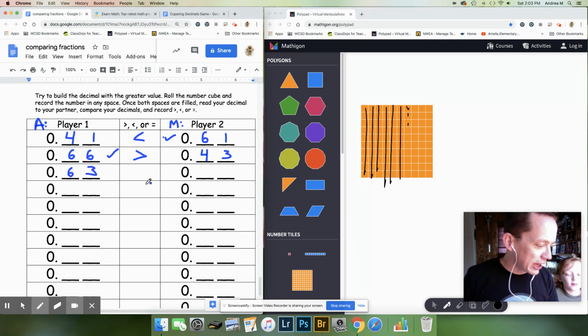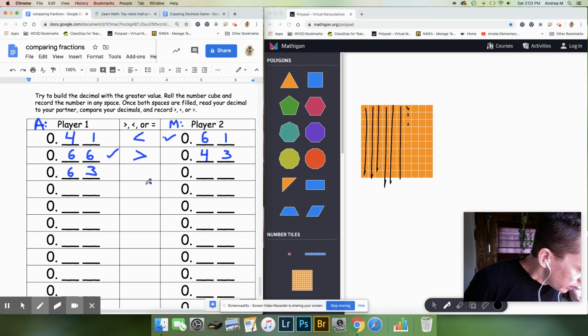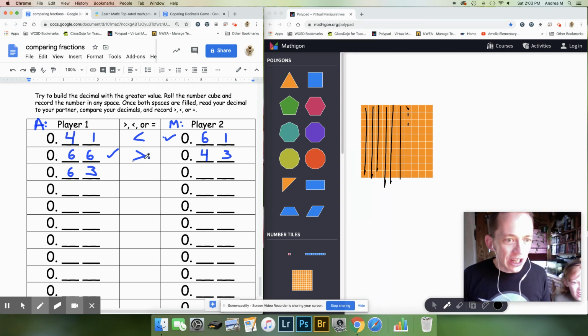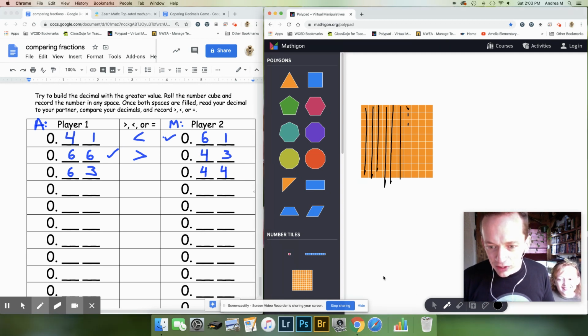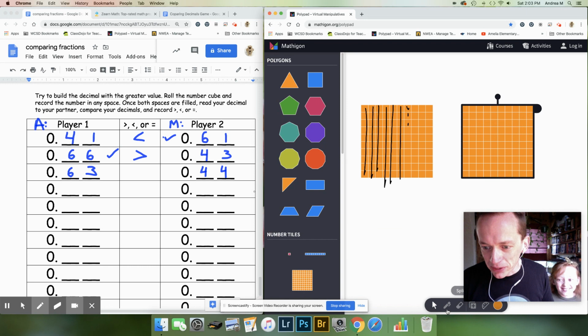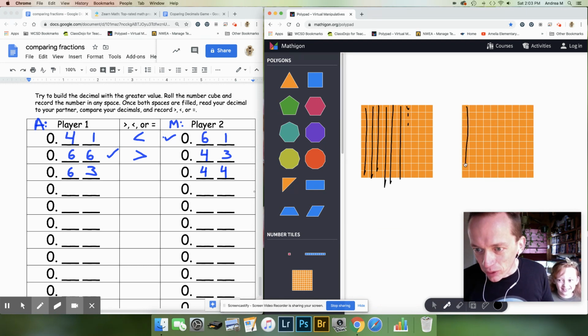All right, now for my final roll. All right, I had a 4 and a 4, so this is 44/100ths. So if I come over this way, bring over my model, that means I have 1, 2, 3, 4 full rows, and then 1, 2, 3, 4.